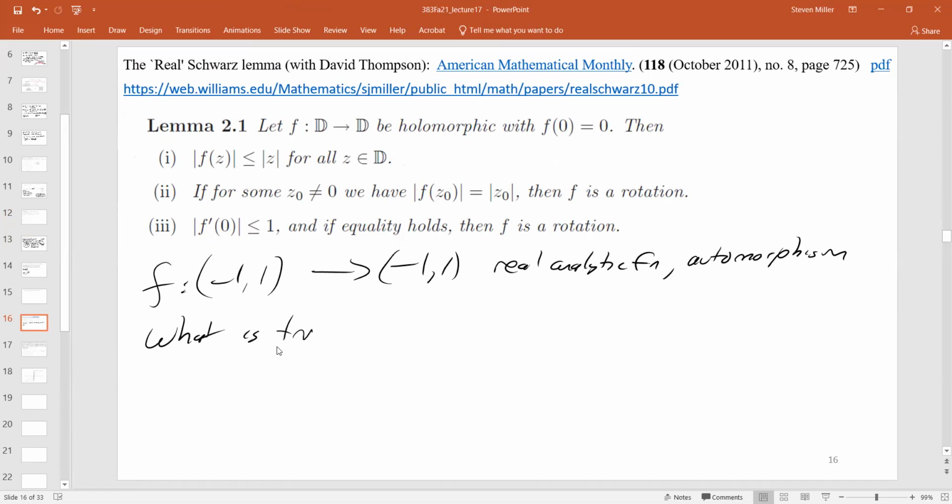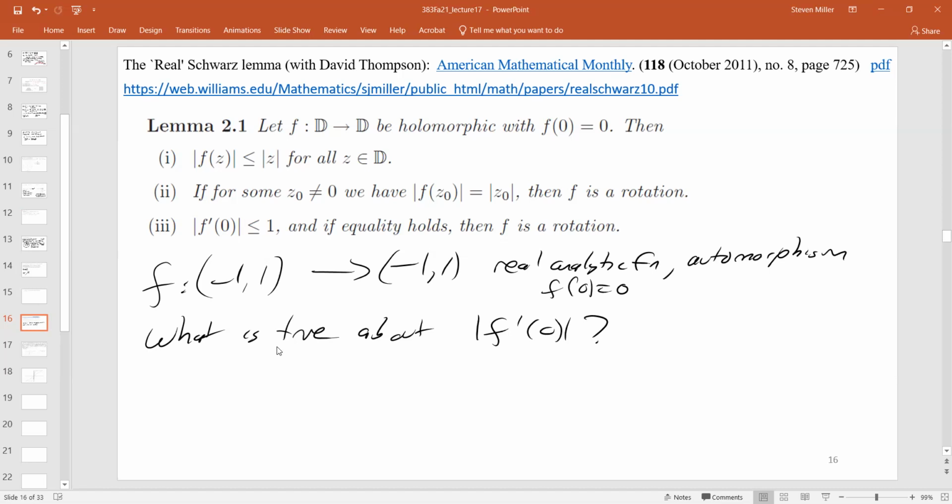What is true? And of course, we'll have f of 0 equals 0. What is true about the size of f prime at 0? So in the complex case, we have the result that the first derivative is bounded by 1 at the origin. And if it actually equals 1, then it's a rotation.